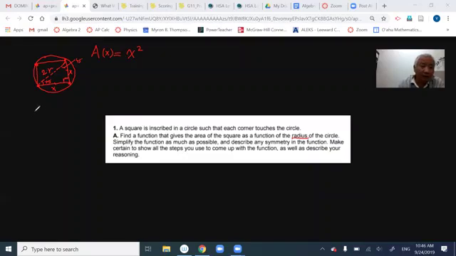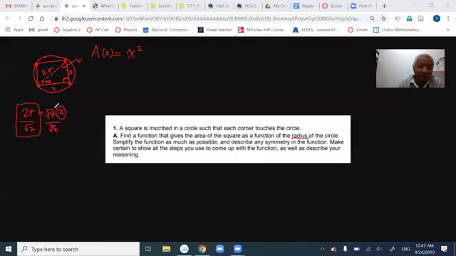If you have that, we know the hypotenuse will be equal to square root 2 times x. Now, since we need to substitute the x, we need to isolate this one. So we divide both sides by root 2, and this cancels. We have x equals this.